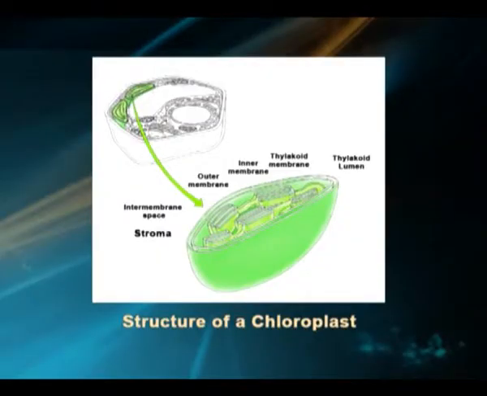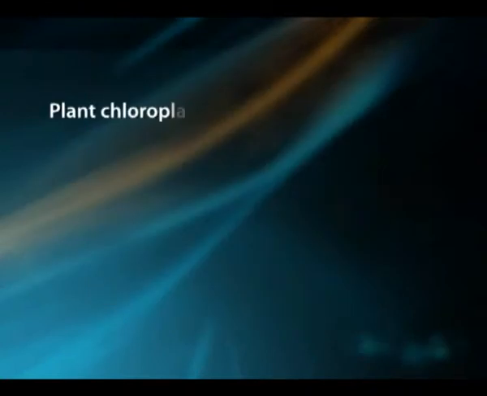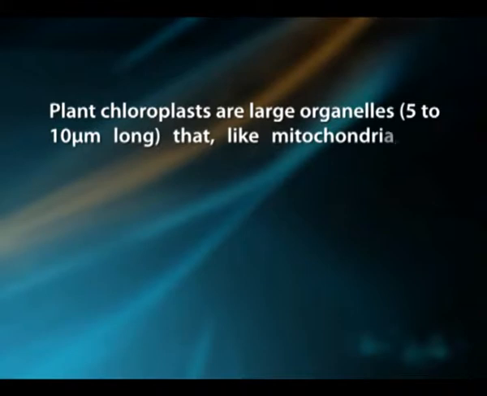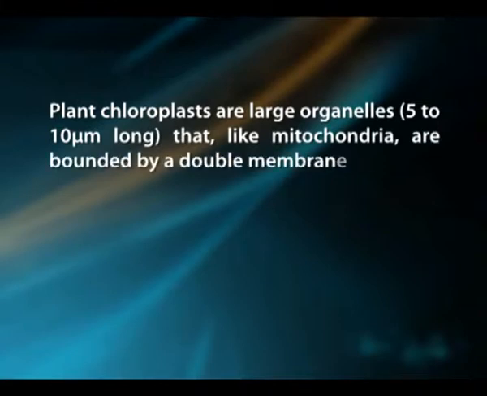of ATP. Chloroplasts are only one of several types of related organelles that play a variety of roles in plant cells. Plant chloroplasts, like mitochondria, are large organelles bounded by a double membrane called the chloroplast envelope.